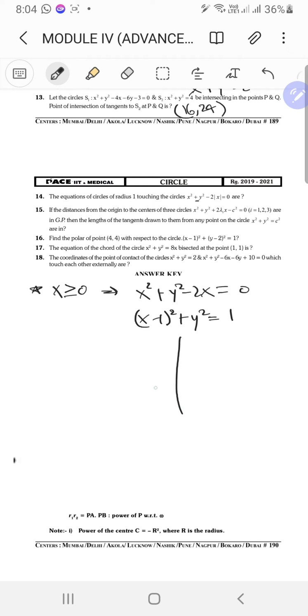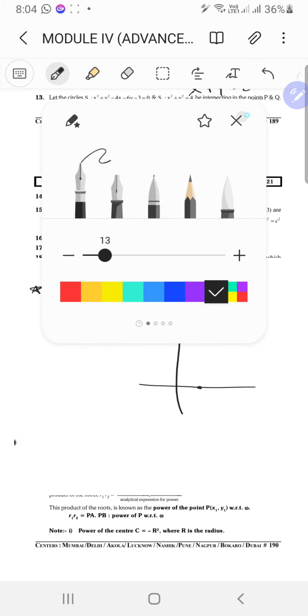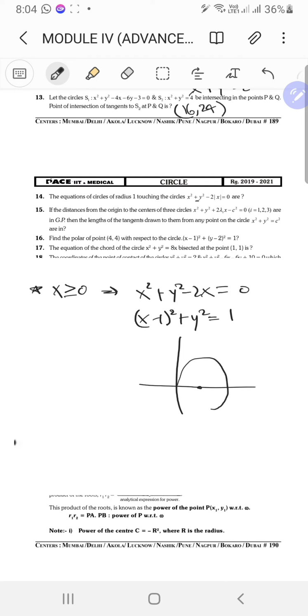So let's graph that. It should be at (1, 0), so that's where it is. The radius is 1, which means this is the circle they are talking about, and this is (1, 0). And then you have another circle, which is (x plus 1) squared plus y squared equal to 1, which should be this one, right?